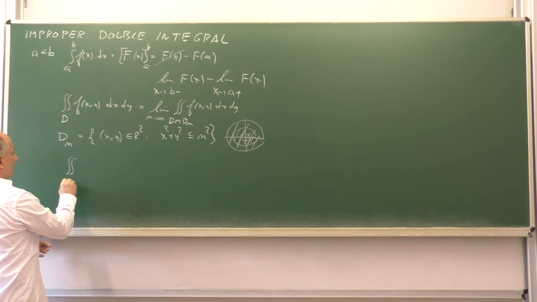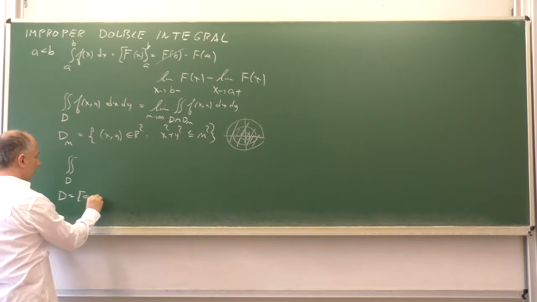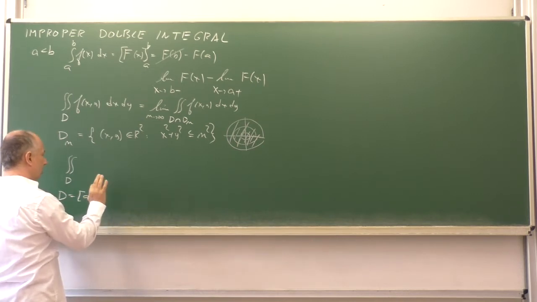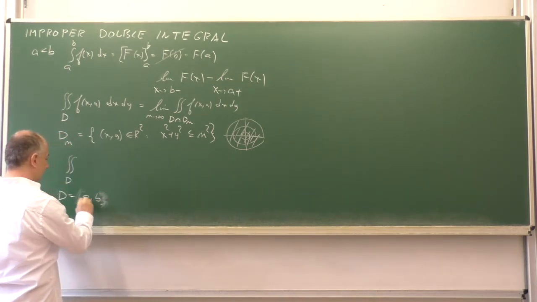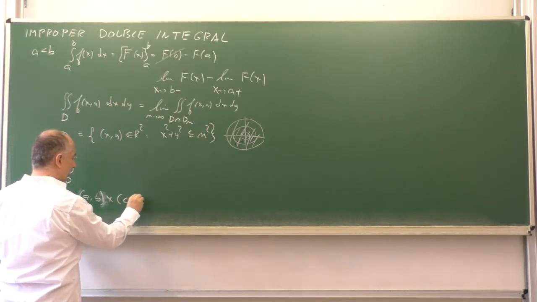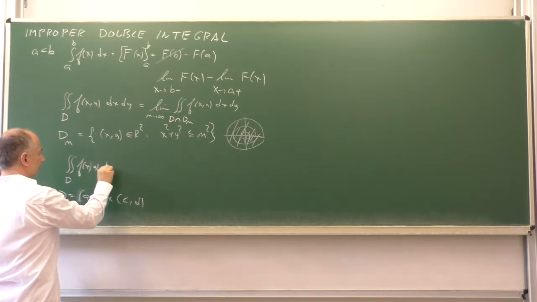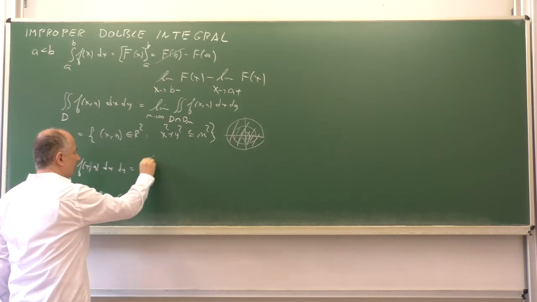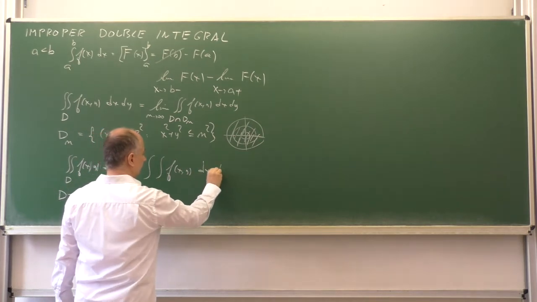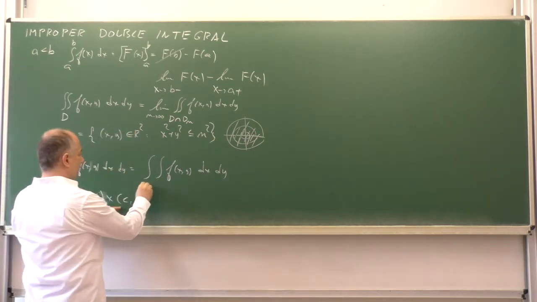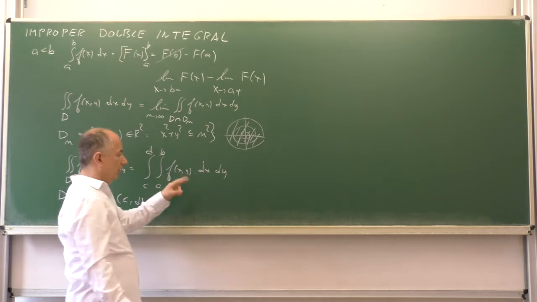Namely, if we have the integration domain, which is the Cartesian product of the closed interval, well, closed, now we will use open interval, right, Cartesian product with the open interval (c, d), then we will write it as two iterated integrals where y runs from c to d and x runs from a to b, or vice versa.